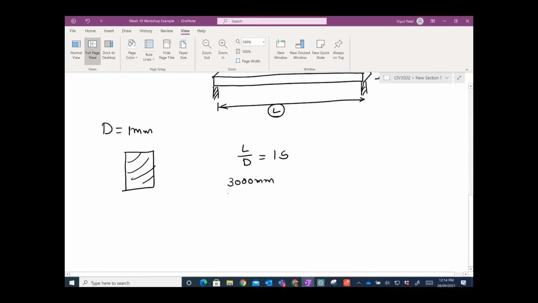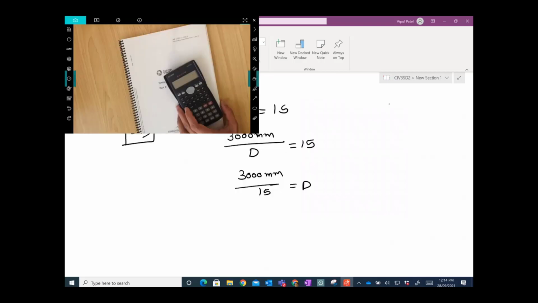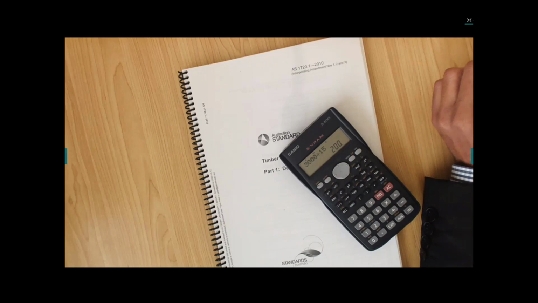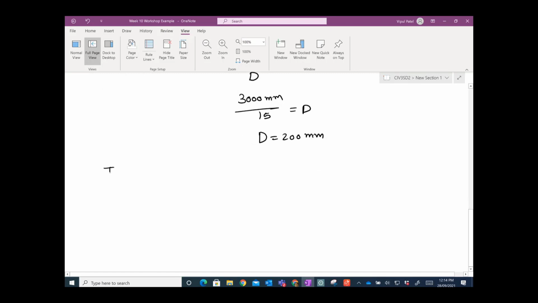The length is 3000 millimeters, and for the stringers' depth, you will have 3000 millimeters over 15 equal to D. If I quickly calculate, 3000 over 15, you will get 200. Let's say D equal to 200 millimeters. Now in that case, let's try 190 millimeters by 45 millimeters.